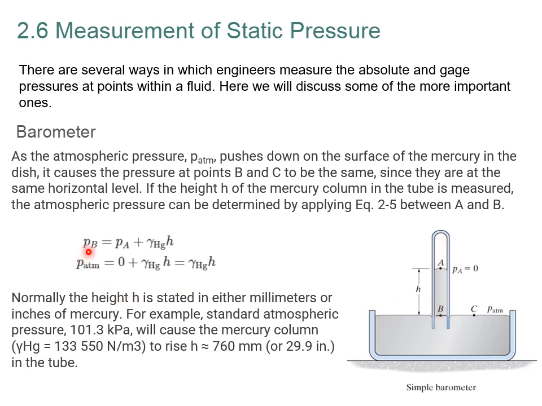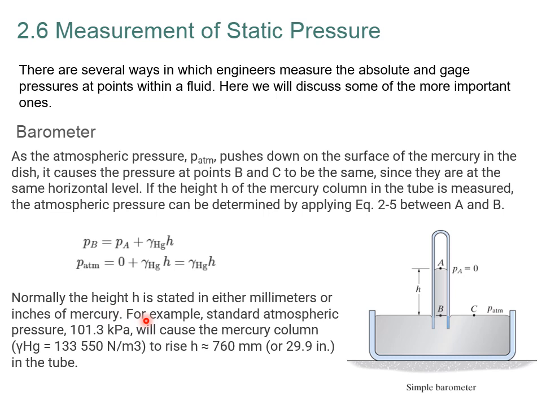So you can write simply the equation PB equals PA plus gamma H, where gamma is the specific weight of the mercury. Now PA, if you do this right, is going to be a vacuum, so that's 0. And so the atmospheric pressure is simply gamma times H.